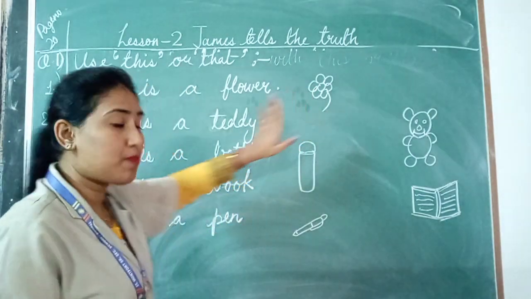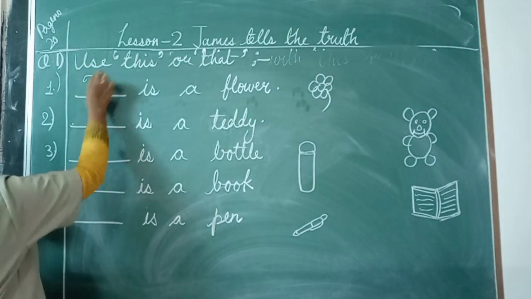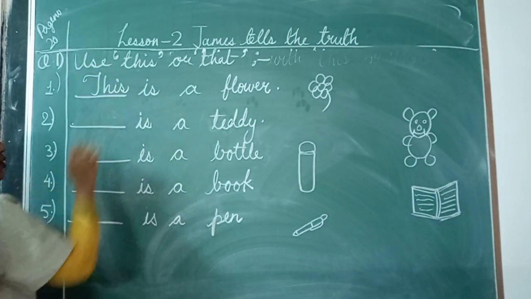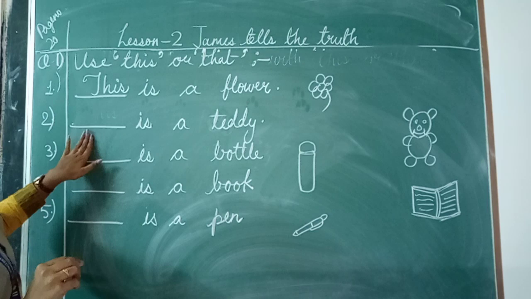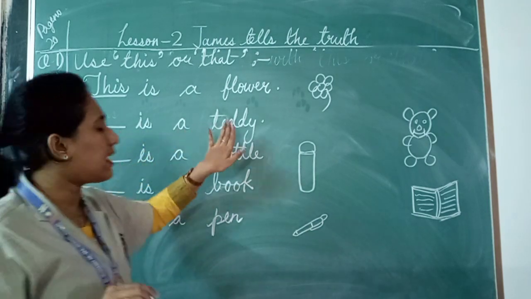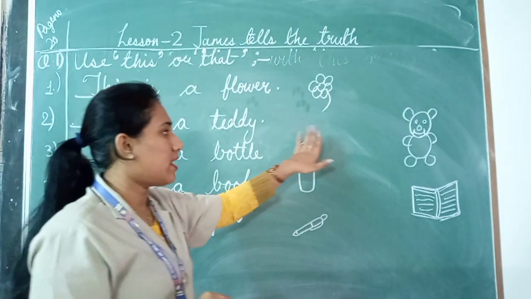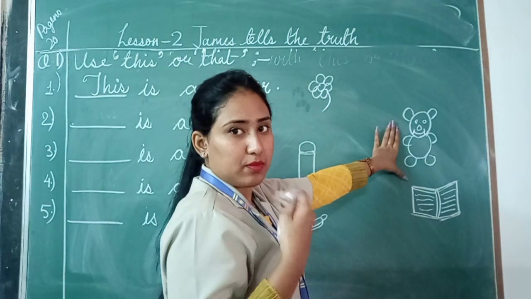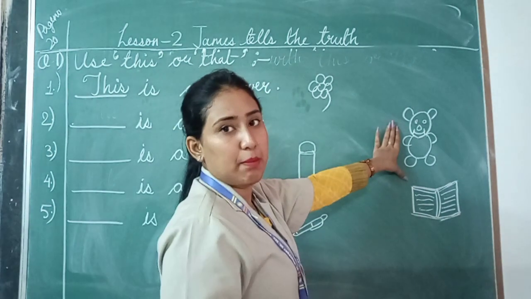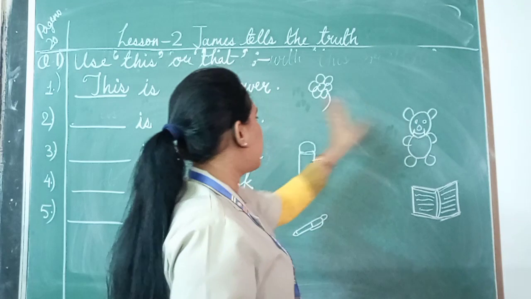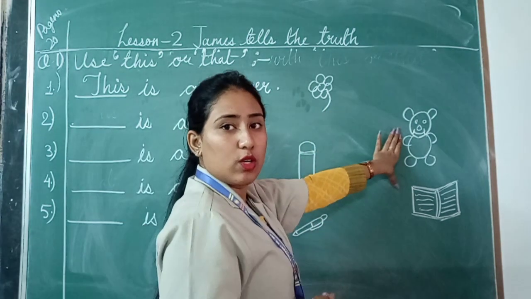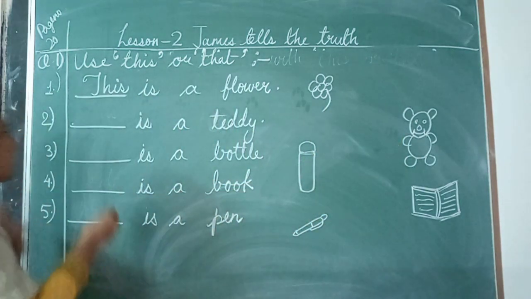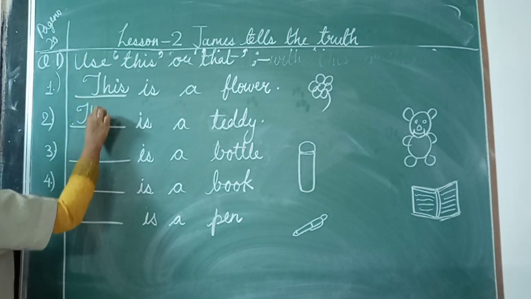So we'll write this here, because it is close and also singular. Now the second one, blank is a teddy. Where is your teddy? Teddy is far from ma'am. Ma'am is talking about the teddy, and the teddy is very far. So it is singular and far, so we'll write that here.